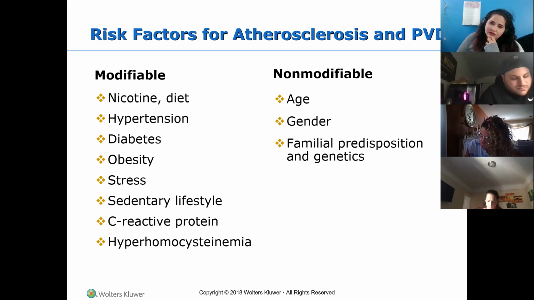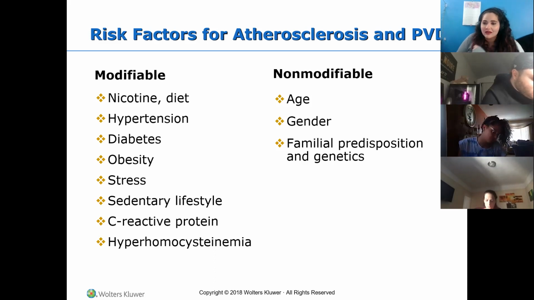All of these are the same modifiables as hypertension, every single one. Obviously, hypertension would be a thing you want to prevent. Hypertension leads to this, does it not? Yeah, at least atherosclerotic lesions. Exactly. So control the hypertension and all the things that cause hypertension, and then you're good to go.